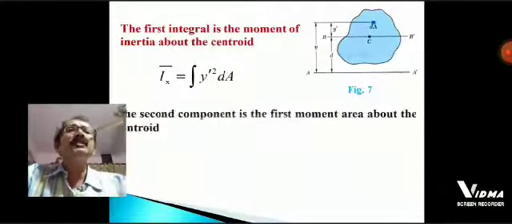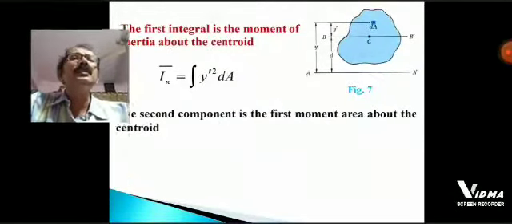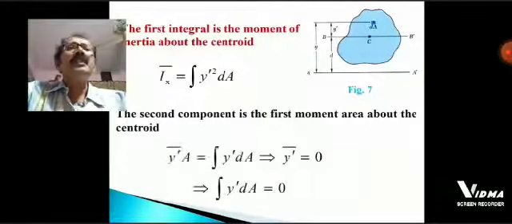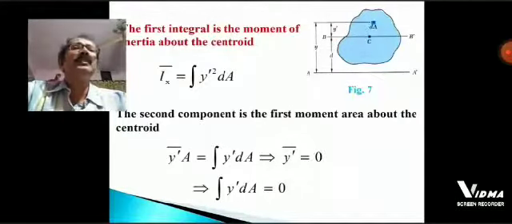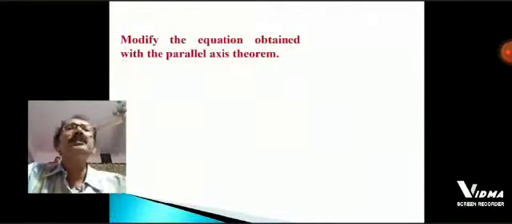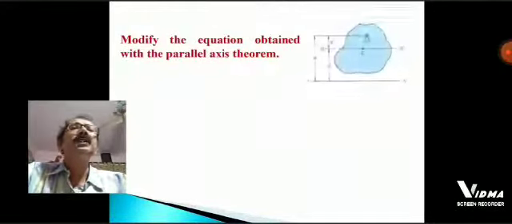The second component is the first moment of area about the centroid, y dash bar A, which equals 0, so the whole term, integration y dash dA, equals 0.